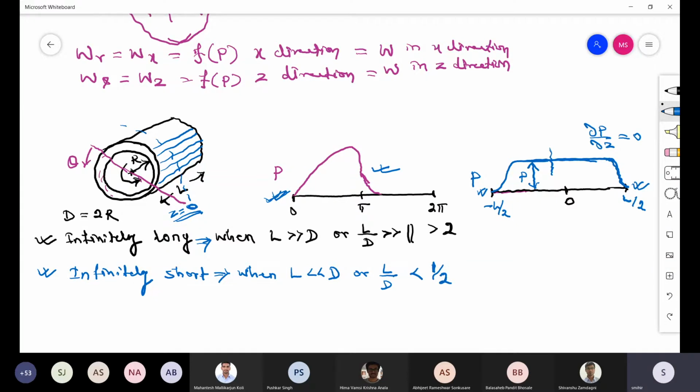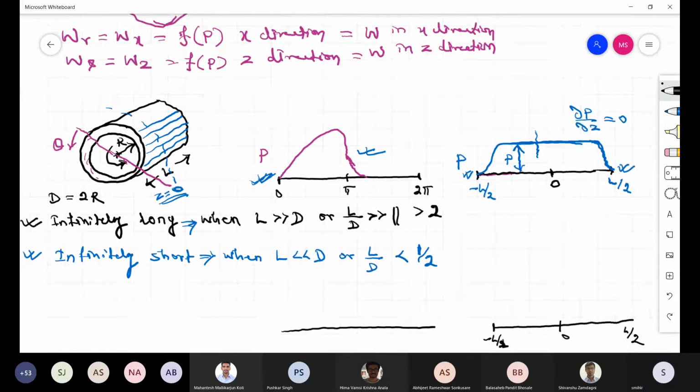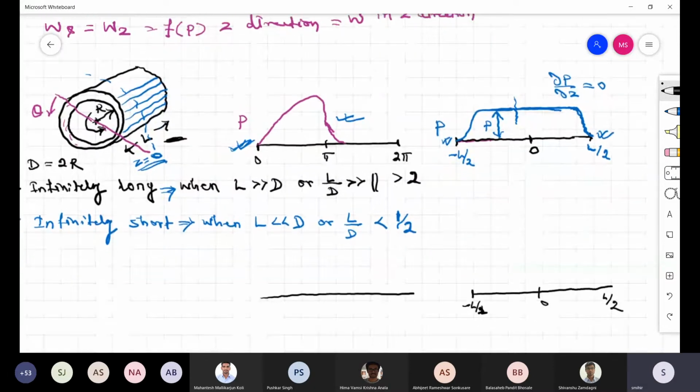Now let us see what happens in infinitely short if you draw the pressure profile. So first of all, let me draw in Z direction, minus L/2, 0, L/2. Infinitely short means L is small in this direction. Okay, L is small as compared to diameter of the journal.